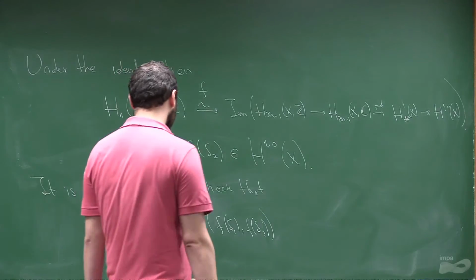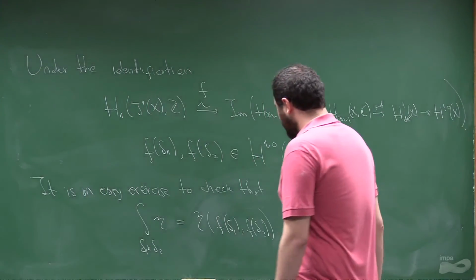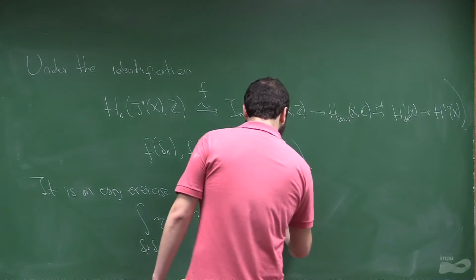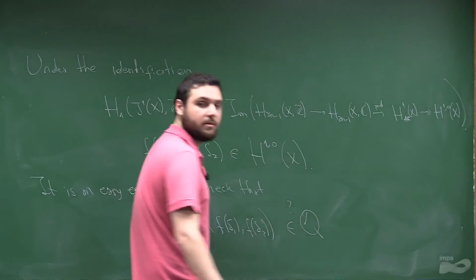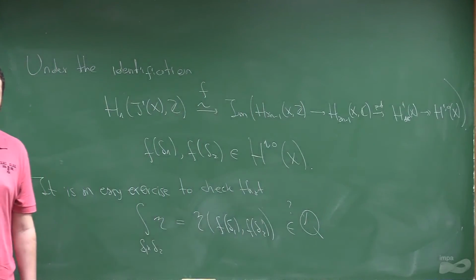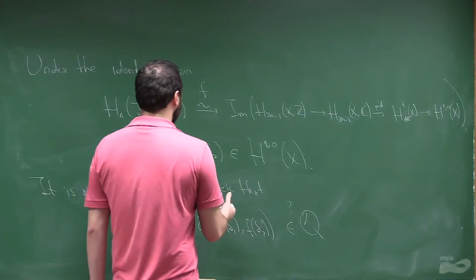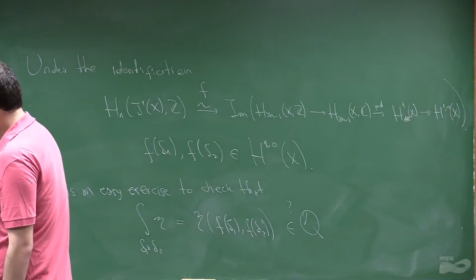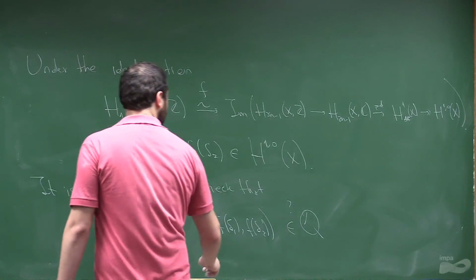It's just the fundamental theorem of calculus. So what we have to check is that this thing belongs to Q, for every delta 1 and delta 2 in the first homology group of the intermediate Jacobian.